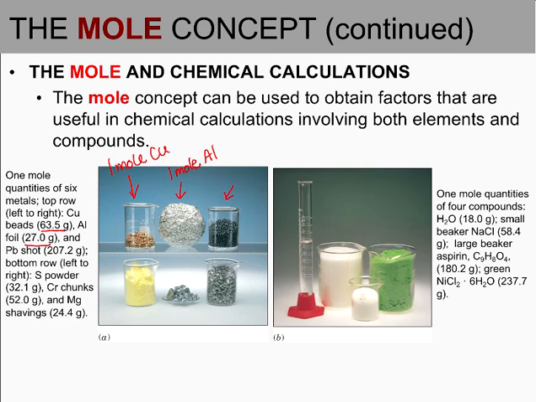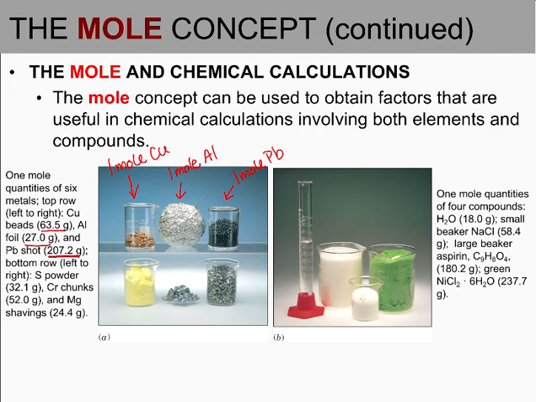All right, and then over here we have a sample of lead, and we actually have 1 mole of lead. And that's 1 mole of lead is equal to 207.2 grams, which is the same as the atomic weight listed on the periodic table. And we can keep going.